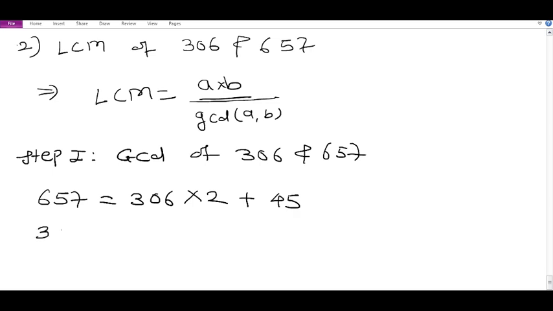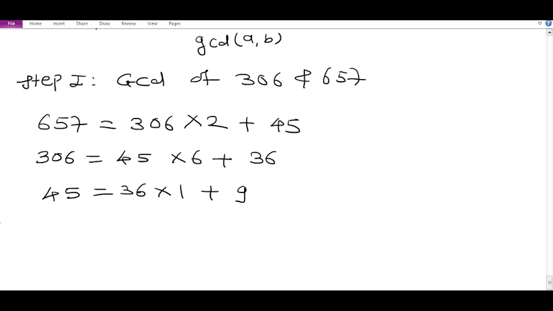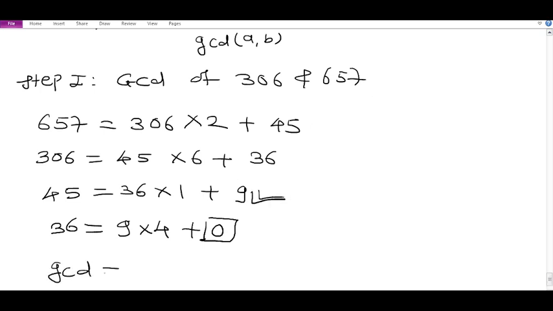Next, if we divide 306 by 45, quotient will be 6 and remainder will be 36. Next, if we divide 45 by 36, quotient will be 1 and remainder will be 9. And if we divide 36 by 9, this will be equal to 4 plus 0. So at this step we get 0. So this is the GCD, and hence GCD is equal to 9.